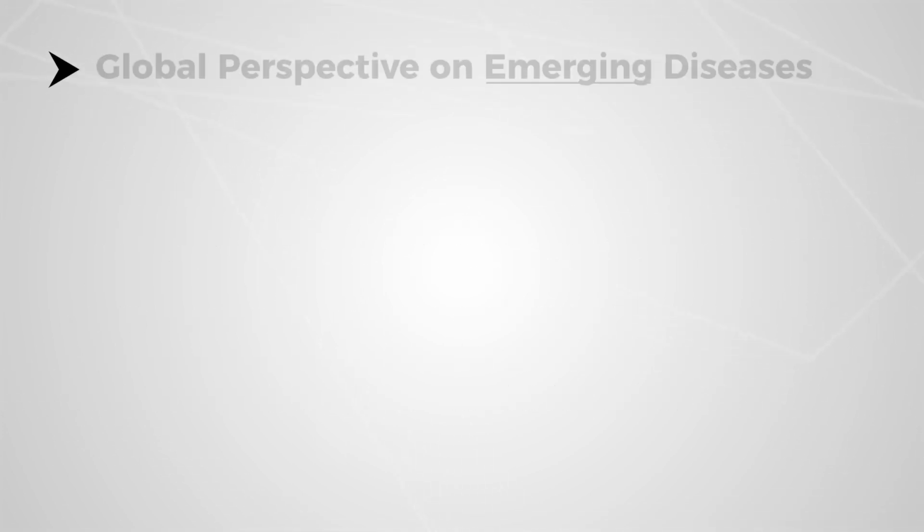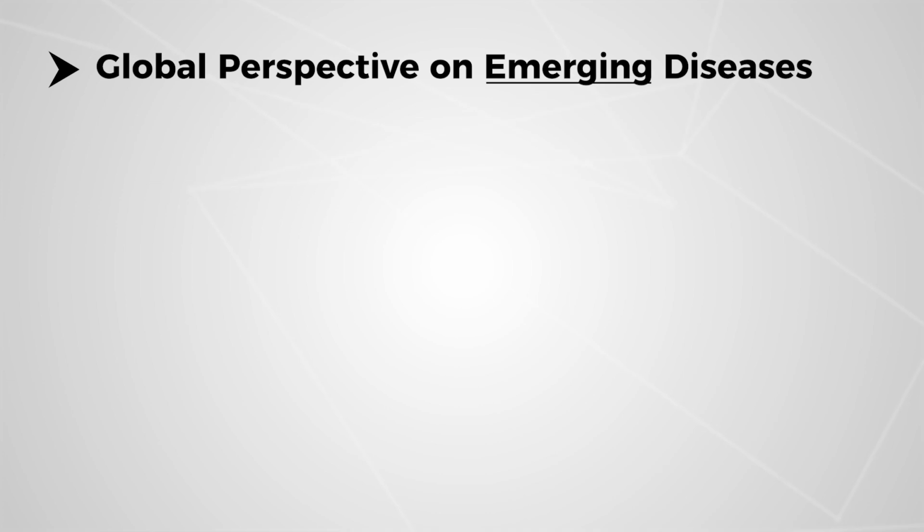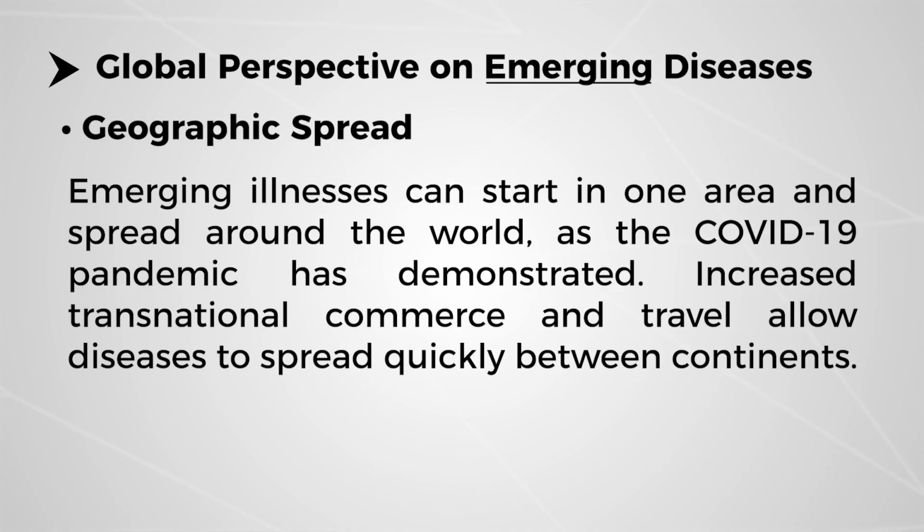And the global perspective on emerging disease, like geographical spread: an emerging illness can start in one area and spread around the world. As with COVID-19, we have already seen it emerged in one area and then spread globally. The pandemic has demonstrated decreased transmission and also sometimes seriously increased transmission, as commerce and travel allow the disease to spread quickly between different continents.